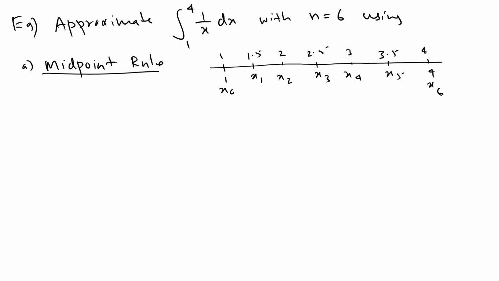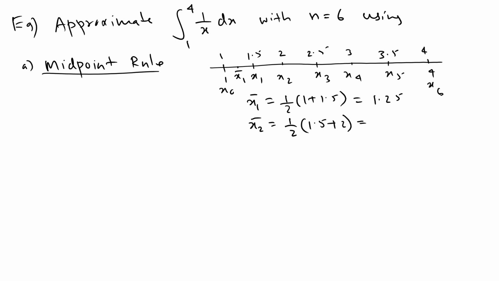For example, we can calculate x1 bar. According to the notation, x1 bar is simply 1/2 of the two around it, 1 plus 1.5, so you get 1.25. Similarly, x2 bar is 1/2 of 1.5 plus 2, so 3.5 over 2, which is 1.75.